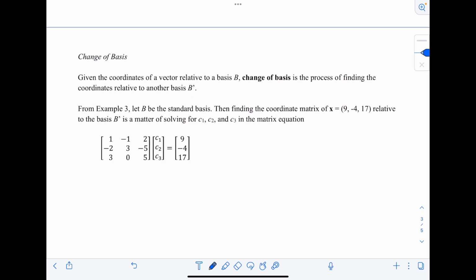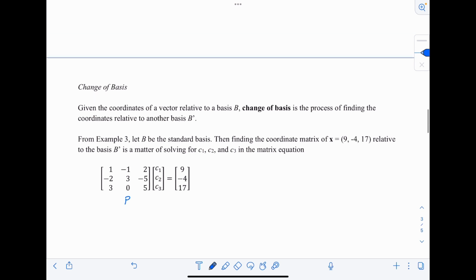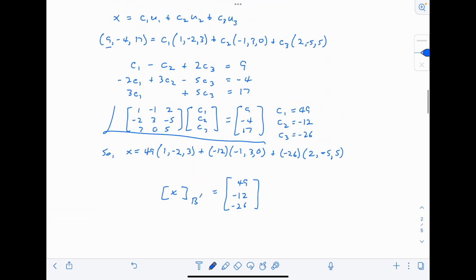What I want to do is relabel some of these things and talk about them in new terms. So I'm going to call this first matrix, which we normally think of as our coefficient matrix, P. The C1, C2, C3, we already know, right? When we solve for C1, C2, C3, we put that into this matrix down here, and we called that the coordinate matrix relative to B prime, and that's exactly what it is.